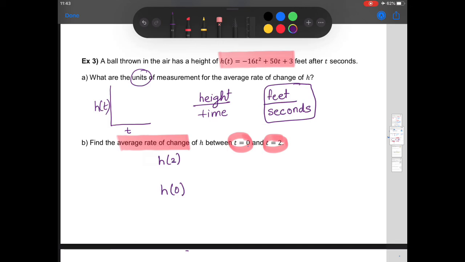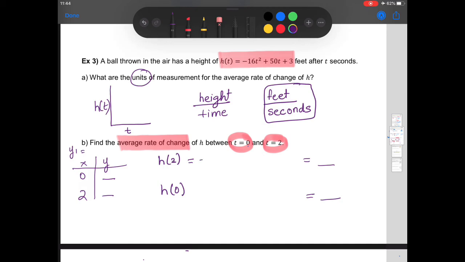If you substitute them into the equation, you'll end up with your y value. And that would give you your y1 and y2. Okay, so let's do that. You can all put that in the calculator also and literally go to the table. You can put the equation in y1, and then go to your table, and when x is 0 and x is 2, your corresponding values will be there.